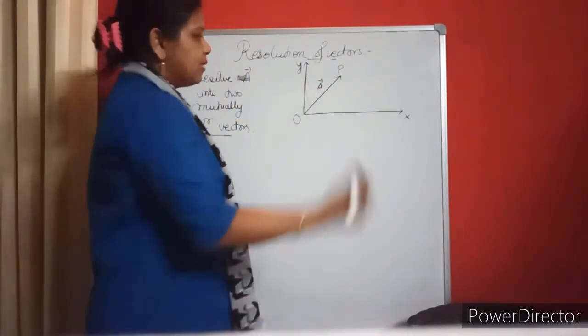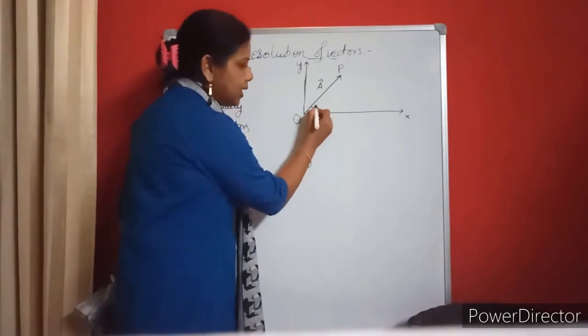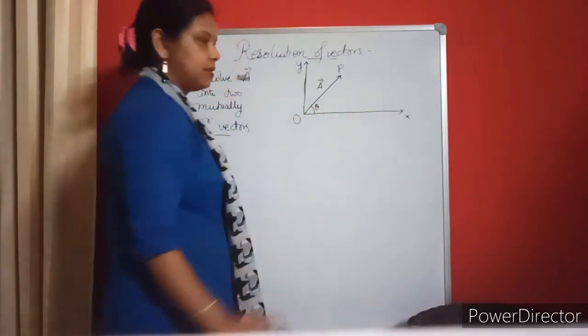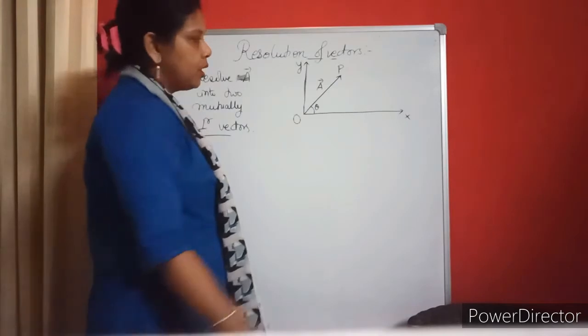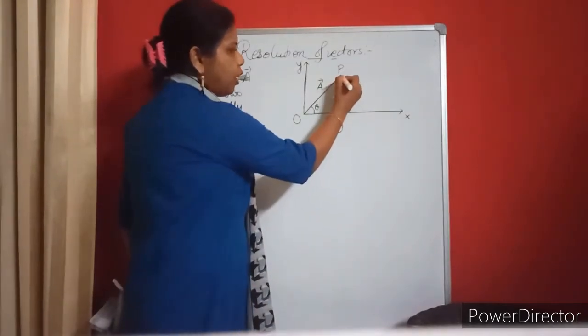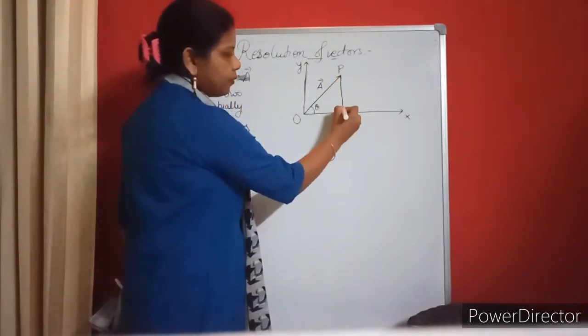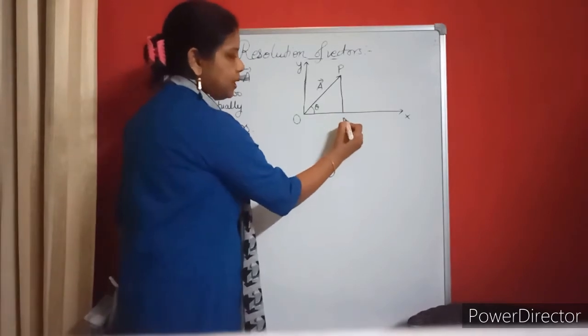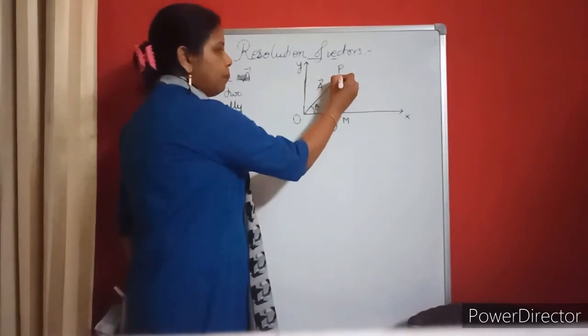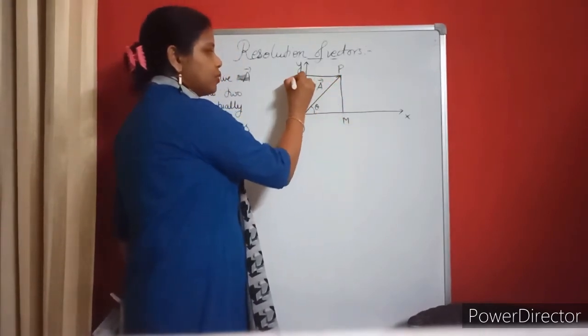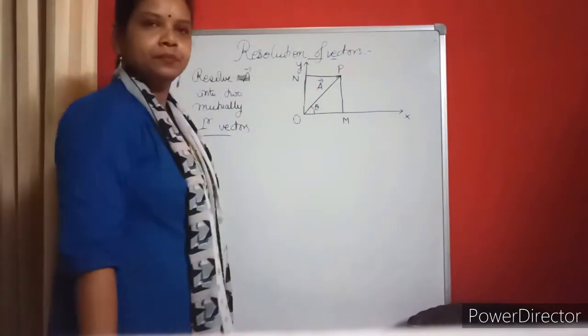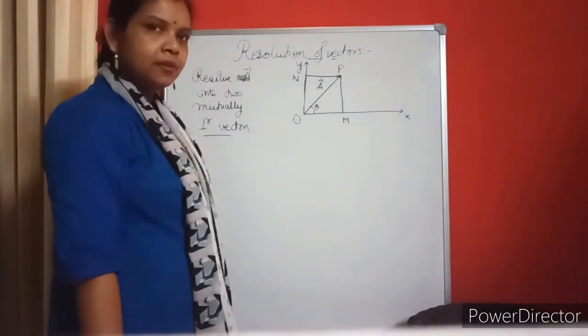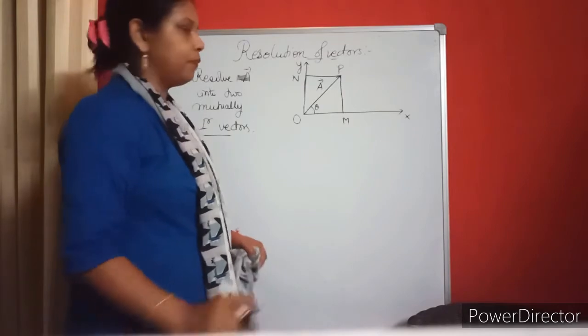Done? Suppose the vector A makes an angle theta with the x-axis. Now what we will do, we'll draw a perpendicular here. Suppose this is PM. We draw a perpendicular on the y-axis. Suppose this is PN.